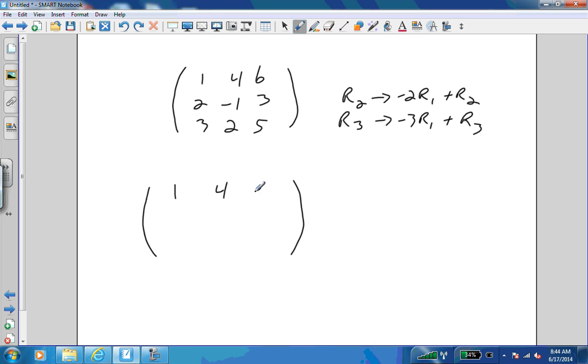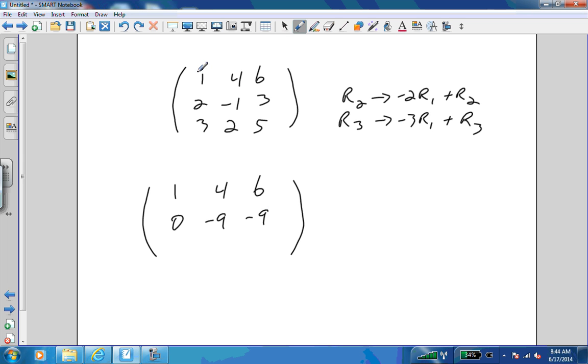Our first row we're leaving the same. If we do -2 times the first row plus the second row, we get 0, -9, -9.